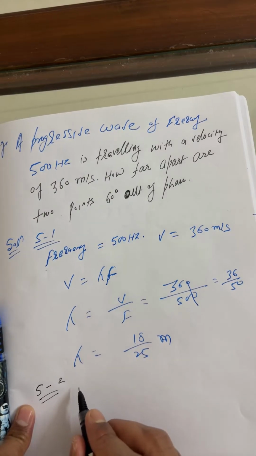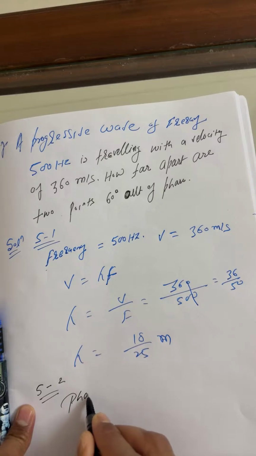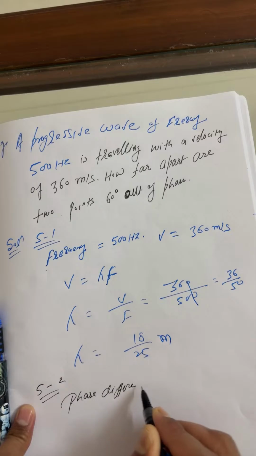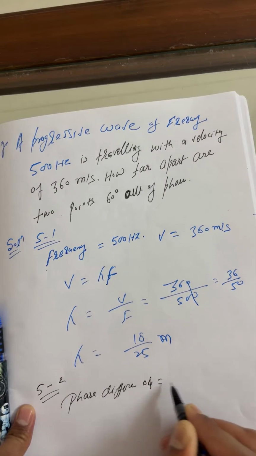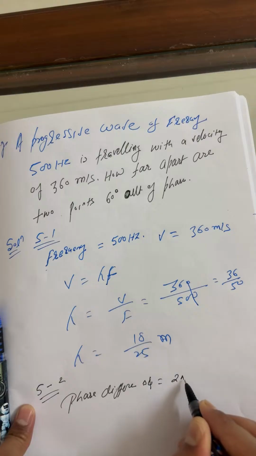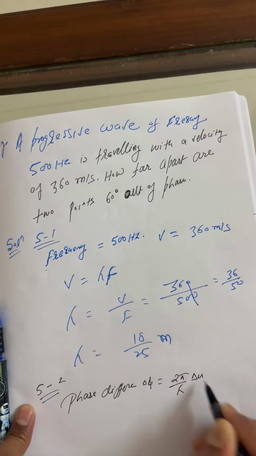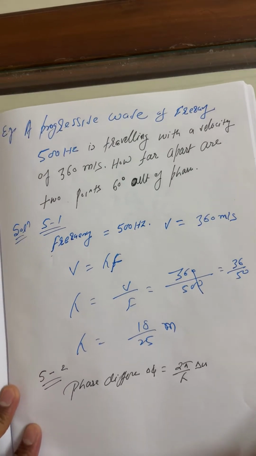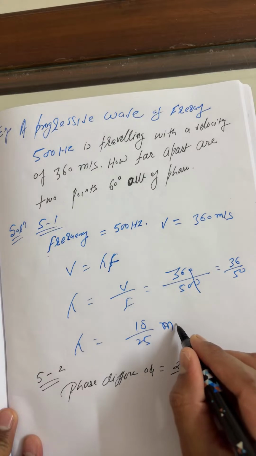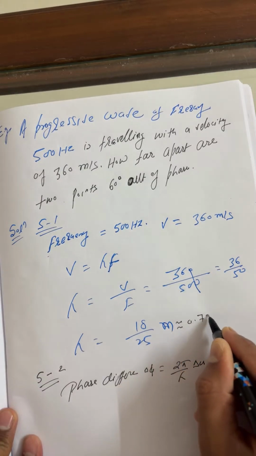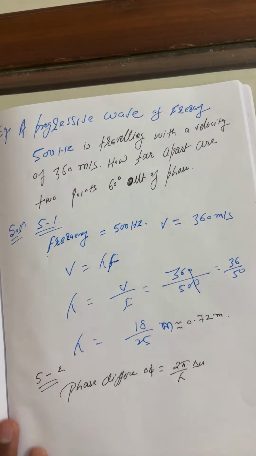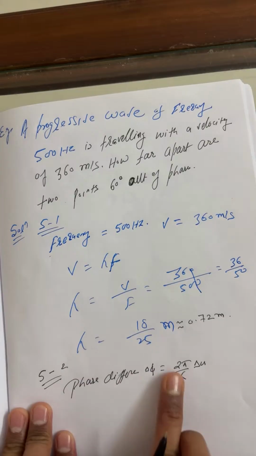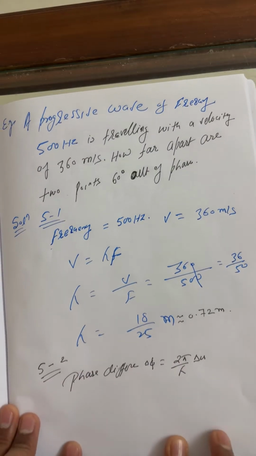The formula of phase difference, delta phi, is nothing but 2 pi by lambda into delta x. Lambda is 0.72 meter. Phase difference is 2 pi by lambda into delta x.